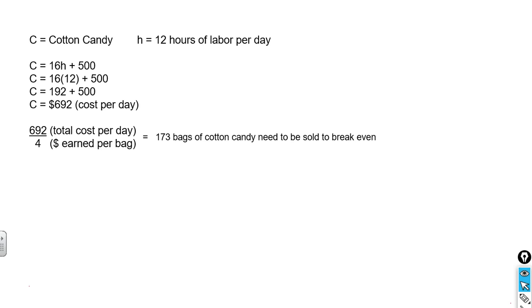On the next page, you are asked to find the sums and differences of the 4 different functions that are listed. And so we're going to jump ahead to number 6 and take a look at the difference between the function h of x and the function j of x.